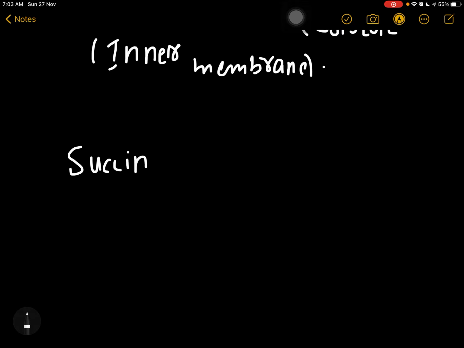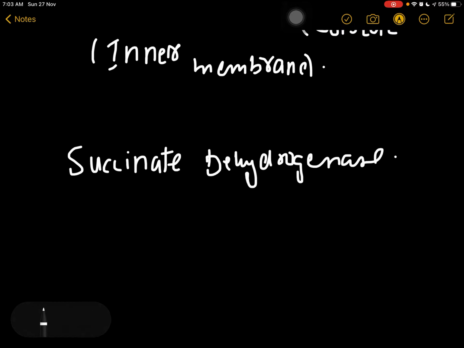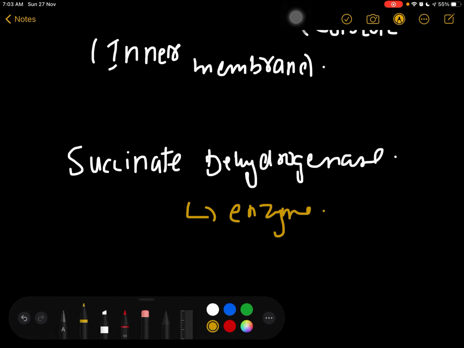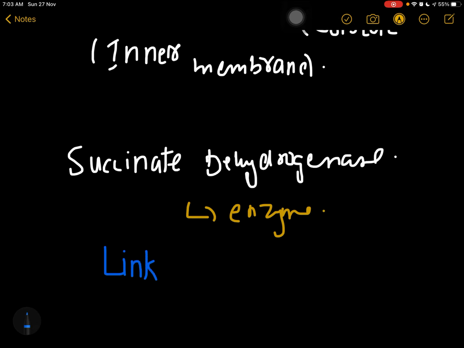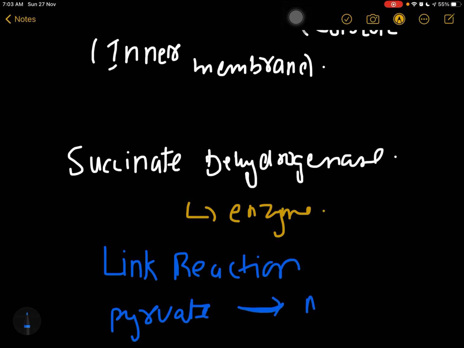Succinate dehydrogenase, right? Basically it is an enzyme which helps in the link reaction, like it converts pyruvate into acetyl coenzyme. This enzyme is helpful in the link reaction, right?